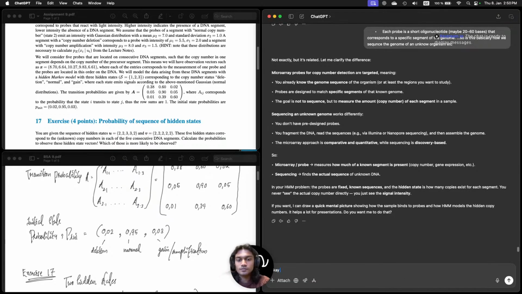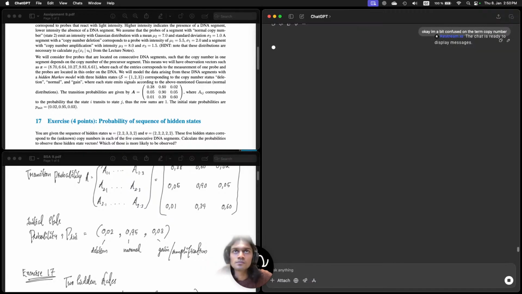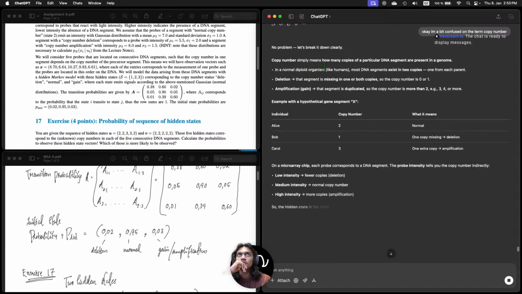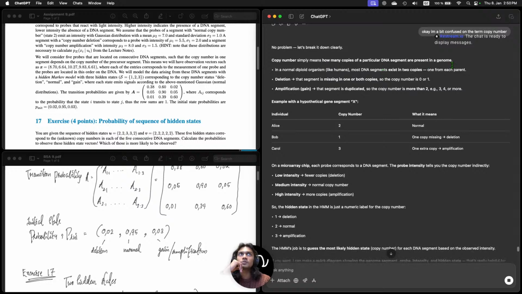Okay, I'm a bit confused on the term copy number. Copy number simply means how many copies of a particular DNA segment are present in the genome.